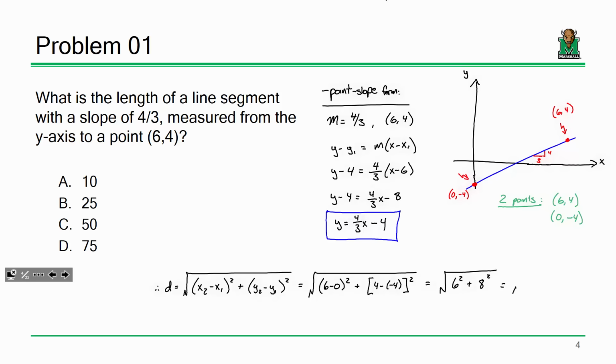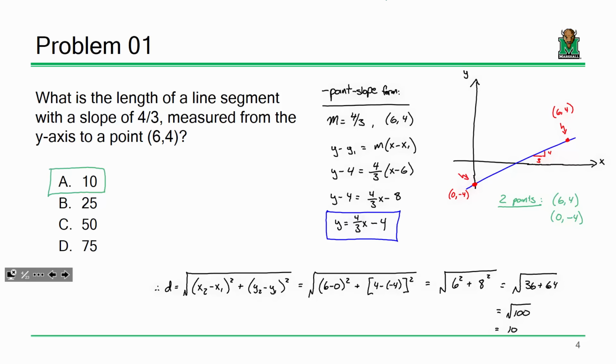So that is the square root of 36 plus 64, which is the square root of 100. All right, what do we think? So far, so good? Any questions? Getting us back into the swing of things, right?